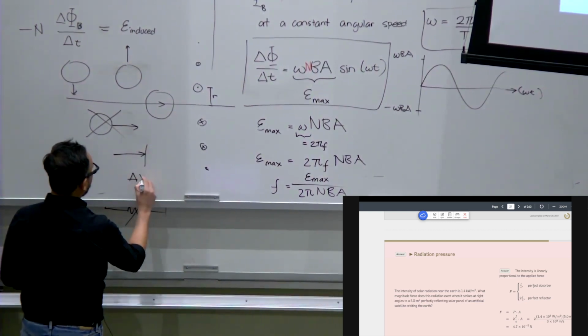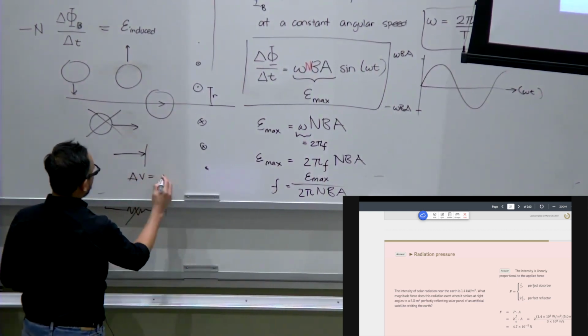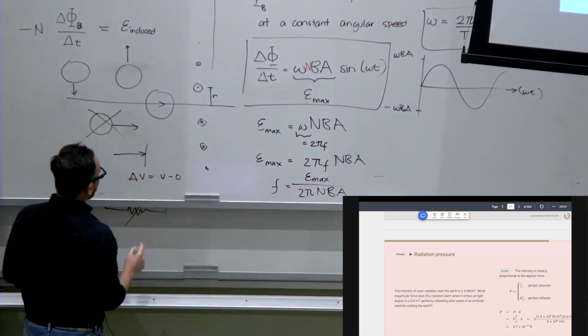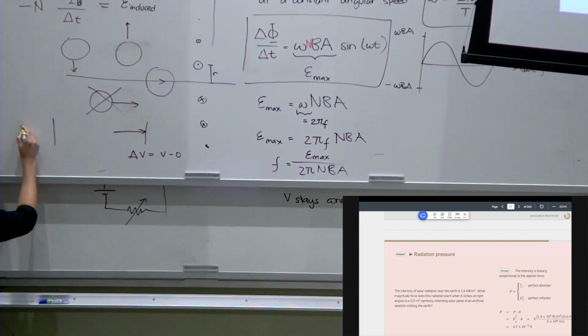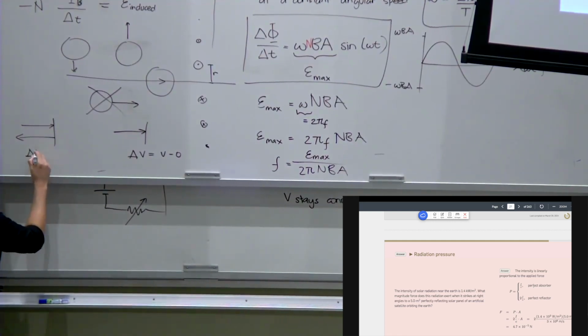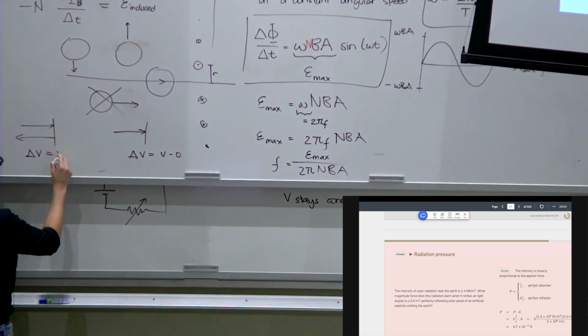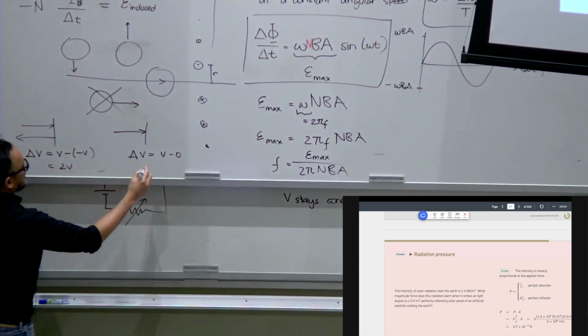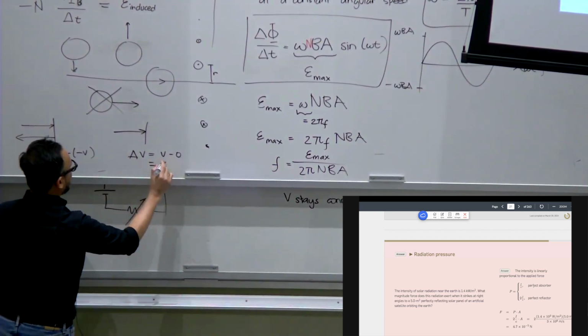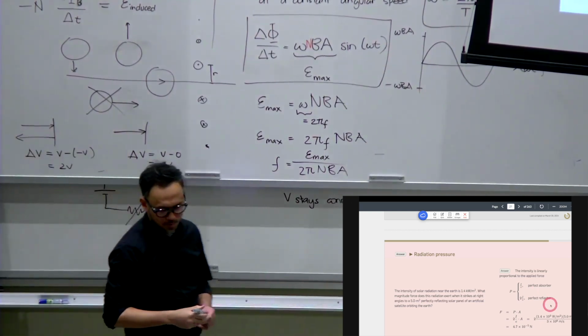So delta V, the change of momentum, is V minus 0. But for a perfect reflector, light hits and then bounces without loss of speed. So the change of speed, which is proportional to change of momentum, is V minus negative V. So it's 2V. This is why we get a factor of 2.